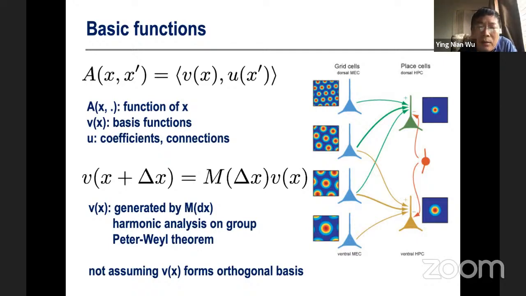But for Lie groups, Fourier analysis is derived based on this matrix representation through the so-called Peter-Weyl theorem. So the idea is that this basis function is generated by this type of representation model. Usually in the past, people assumed that those basis functions are orthogonal to each other. But here we are not making this assumption.